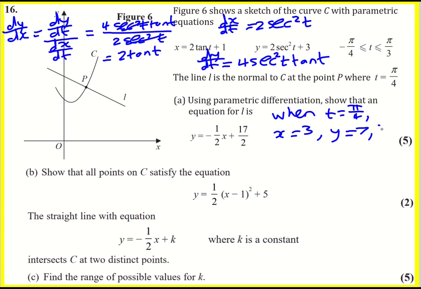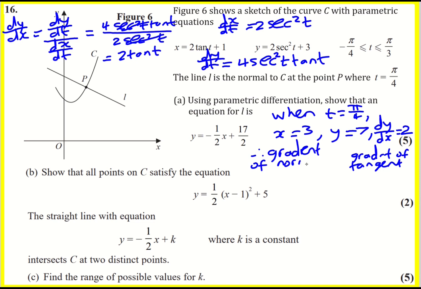And don't forget, we also need dy by dx to get the equation for the normal. So I'm going to put pi over 4 into that. That's just going to be 2. So this is the gradient of the tangent. And therefore, the gradient of the normal will be the negative reciprocal, because they are perpendicular lines, minus a half.